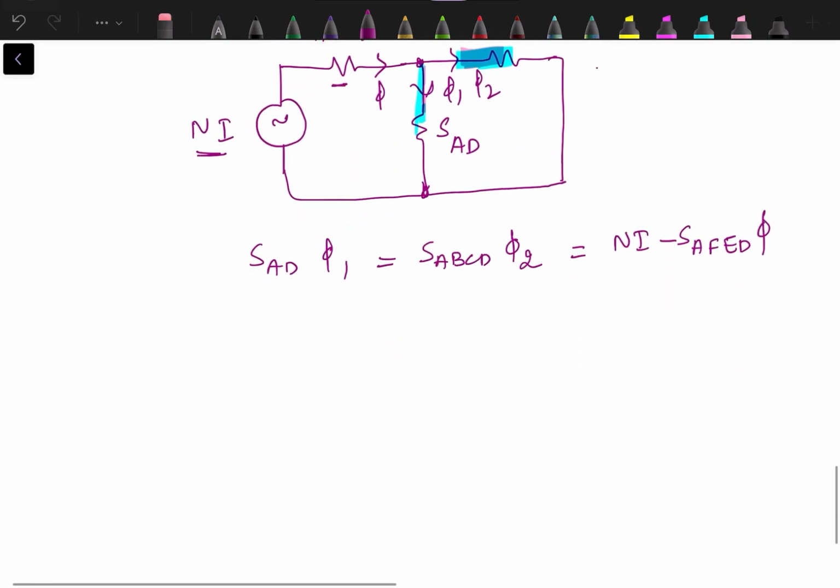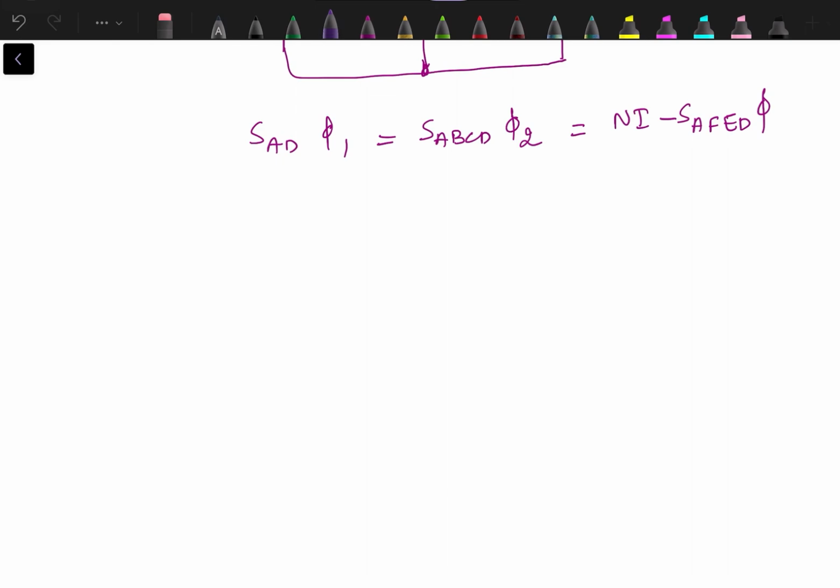So based on this discussion, we can derive the analogy between electrical and magnetic circuit.